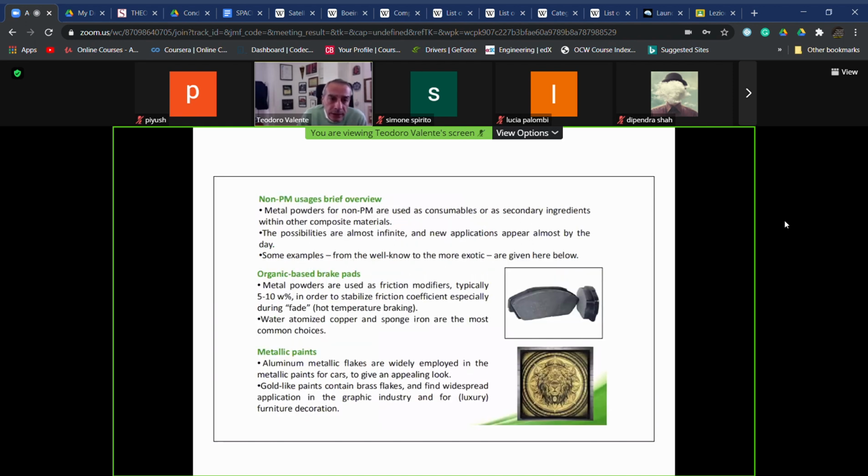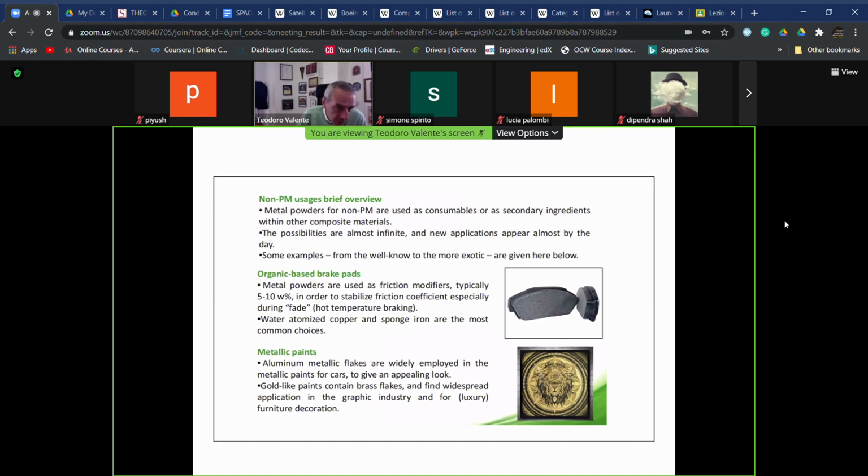Let's go on. Just to complete the introduction, powders are not only used for powder metallurgy, but they are actually, engineering speaking, also used as raw materials without the need of sintering to fabricate the final component. For example, metal powders are used in organic-based brake pads, and they act as friction modifiers.